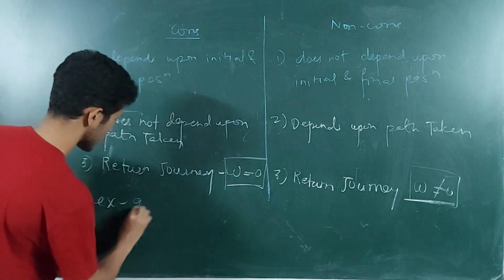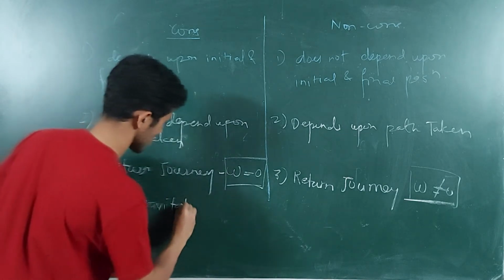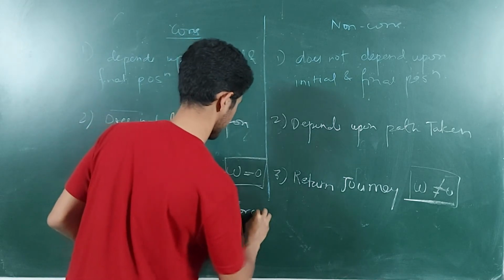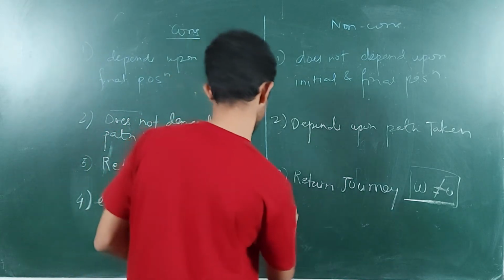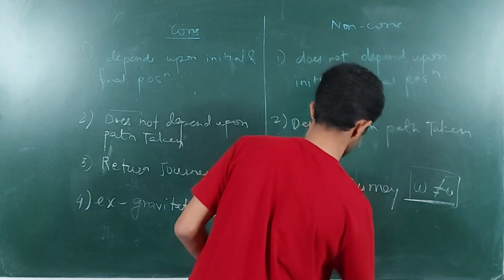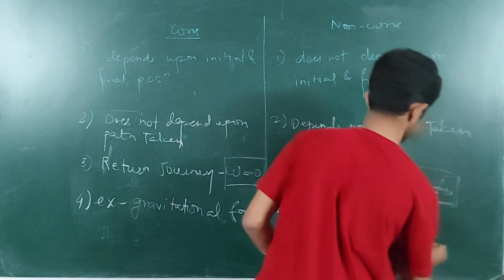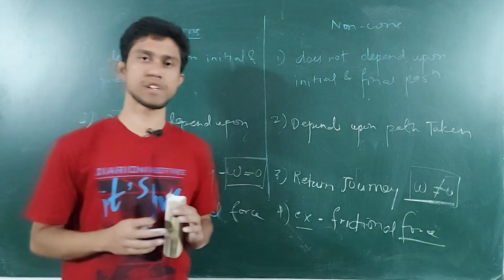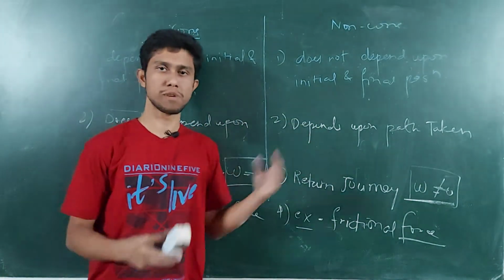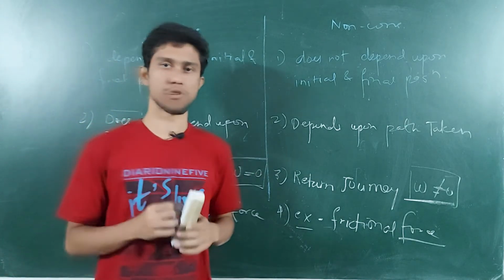The example for conservative force is gravitational force, and for non-conservative force the example is frictional force. Okay, so this was a summary of conservative and non-conservative forces and the difference between them. Hope this table helps you summarize all the points in one go.